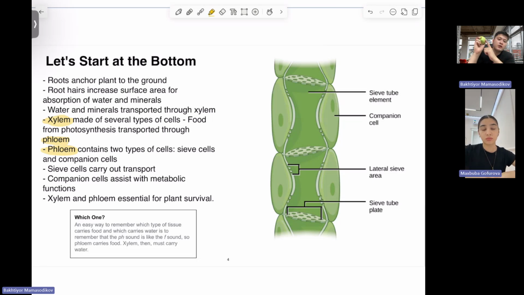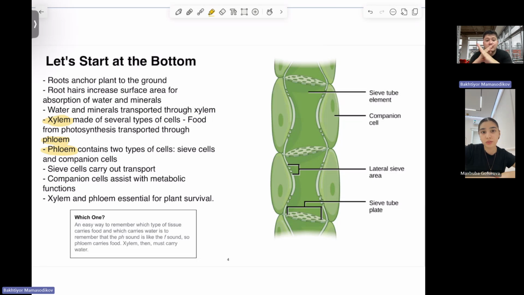This fruit is very sweet. Why? Because the sugar molecule or the sucrose molecule came through which tissue to the fruit? Through the phloem.